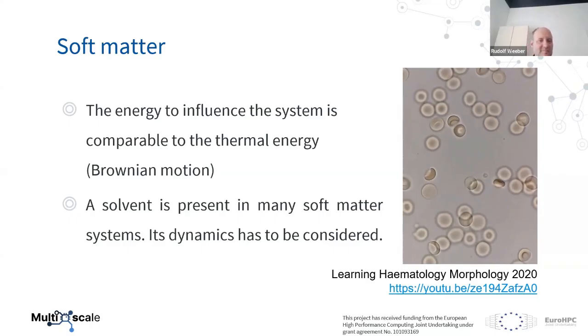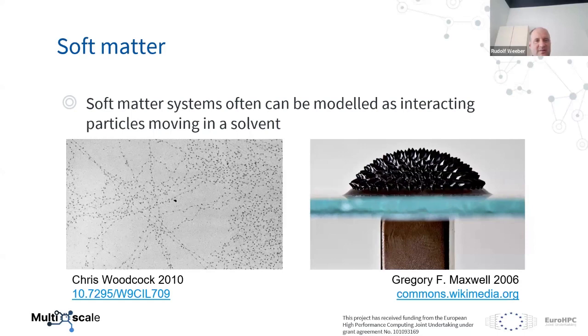Moving on. So, taking this together, often a good modeling approach to soft matter systems is to describe them as interacting particles which are embedded in a solvent. And both the particles and the solvent are moving, and they can also influence each other.